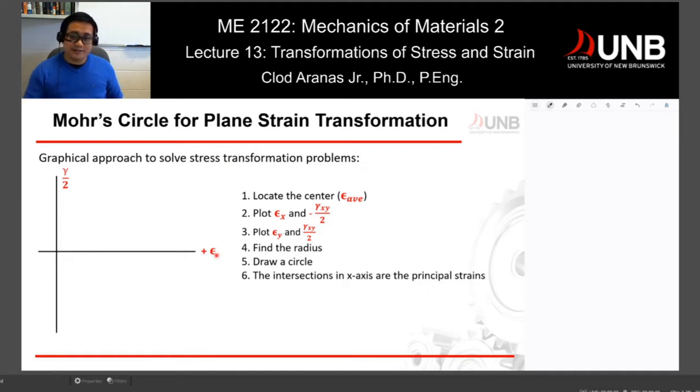If we have principal stresses, maximum and minimum, we also have principal strains, as we discussed, and the radius of our circle is this shear strain in plane.